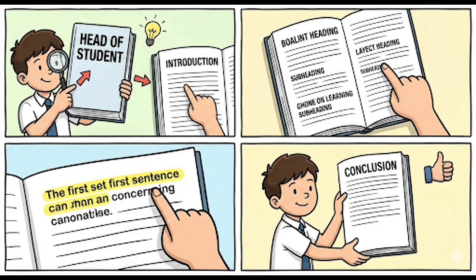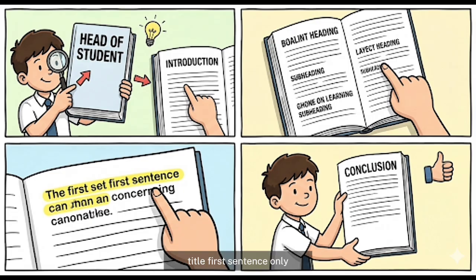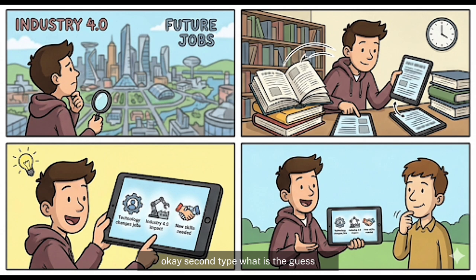Look at the text on the screen. I'm going to give you 30 seconds this time. I want you to skim it using the technique: title, first sentence only. Your goal is to tell me in one sentence what this text is about. Ready? Go.